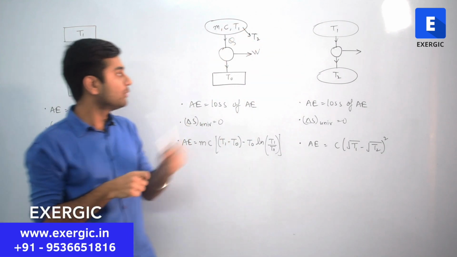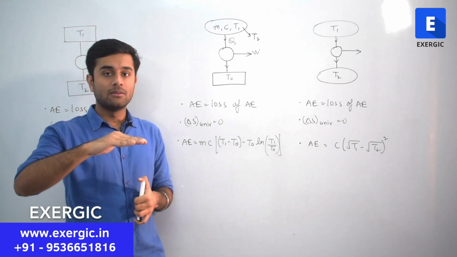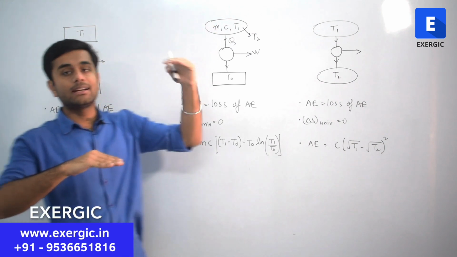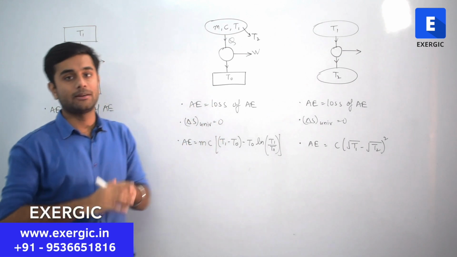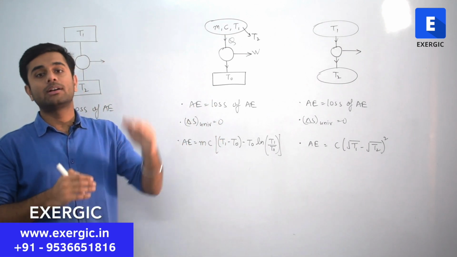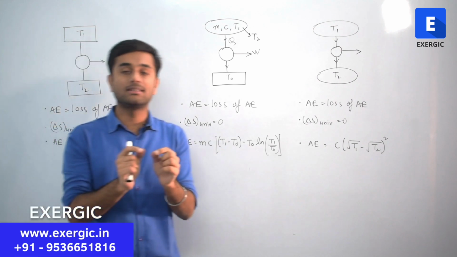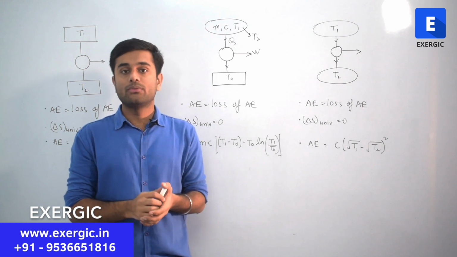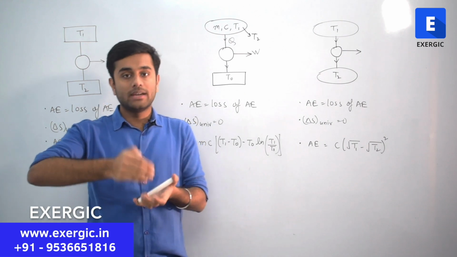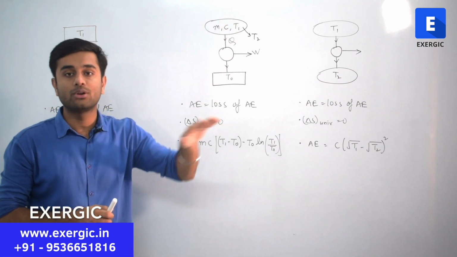If the surrounding T naught is at, let's say, 300 Kelvin and this body is at 800 Kelvin, it is supposed to cool up to 300, right? But they will only allow it to cool up to 500, and then they will ask what is the maximum work you can extract, or what is the availability of heat being transferred when this system cooled from T1 to T2, or 800 Kelvin to 500 Kelvin.